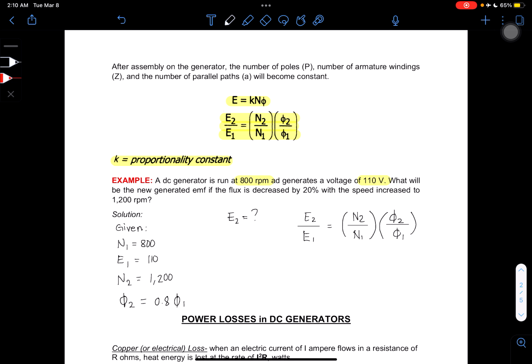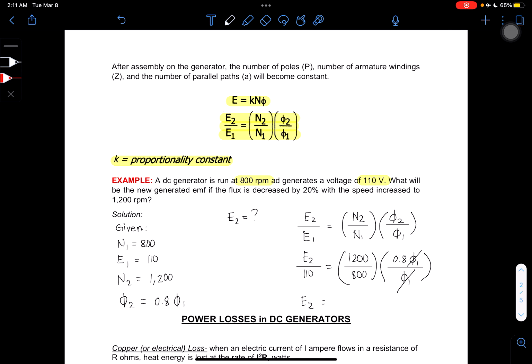So given our data, E1 is 110, our N2 is 1,200, and our N1 is 800. Our flux 2 will be decreased by 20%, so we have 80%, that's why we have 0.8 of flux per pole 1 over flux per pole 1. So they cancel. So to solve for E2, we have our answer.